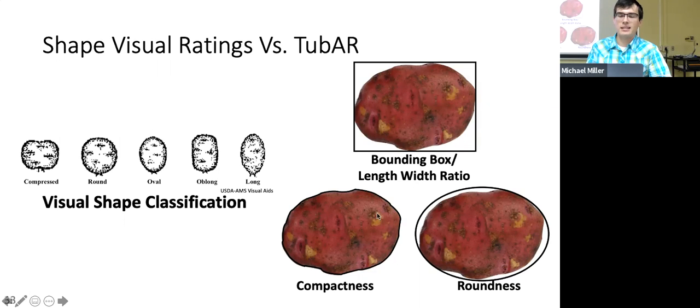And then compactness, taking the perimeter of the potato, and it's going to be comparing that to a perfect circle to get a measurement between 0 and 1, how close it is to a circle. And roundness is kind of doing that same thing. It's compared to a perfect circle, but it's not including these little divots and bumps and things of the tuber. It's just kind of overlaying an oval over it.